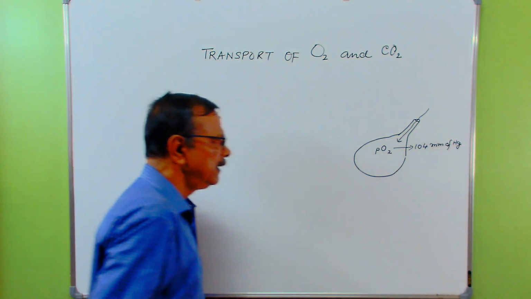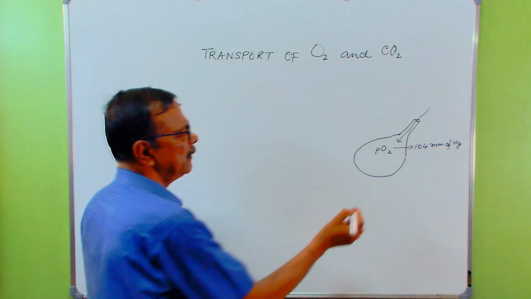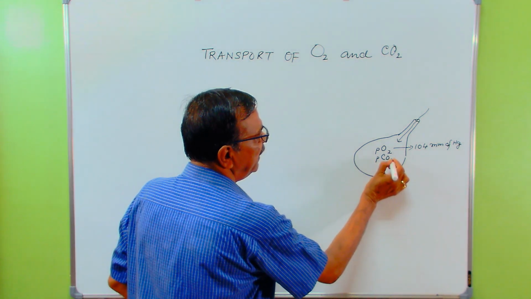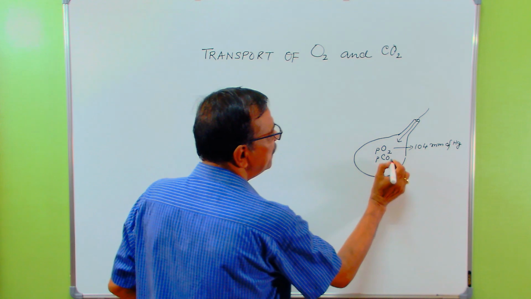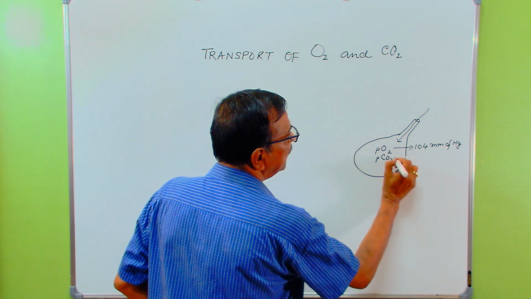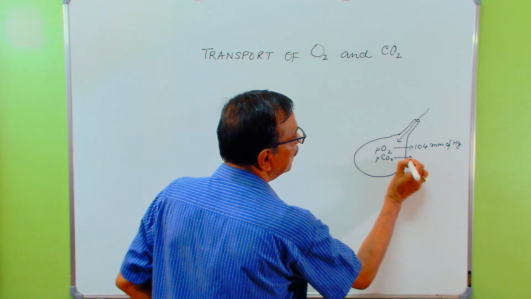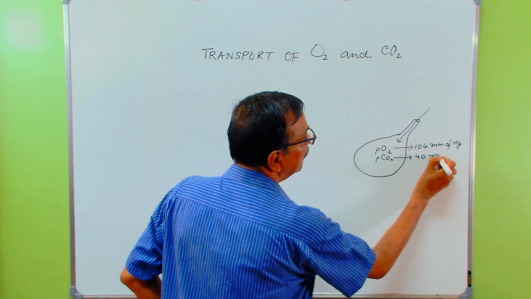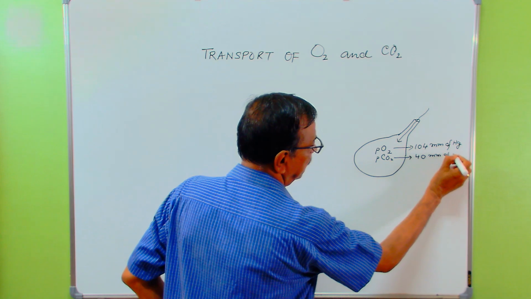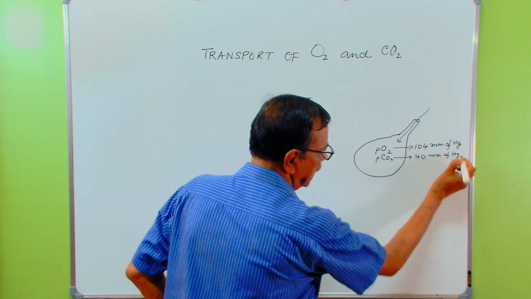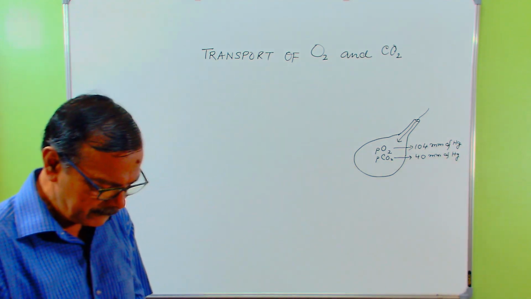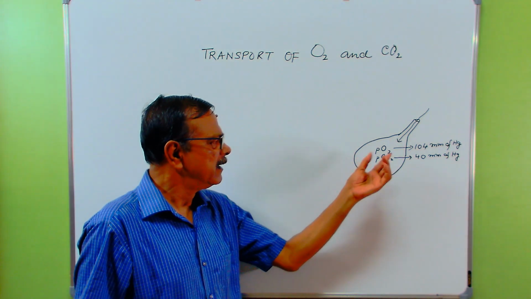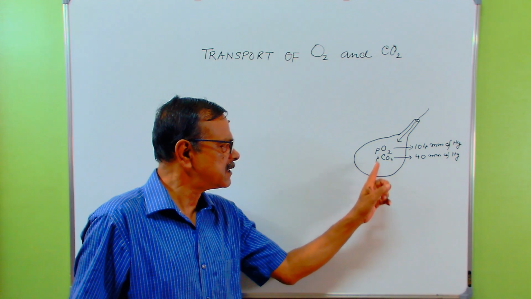Clear? And here partial pressure of carbon dioxide, CO2, is 40 millimeter of mercury.